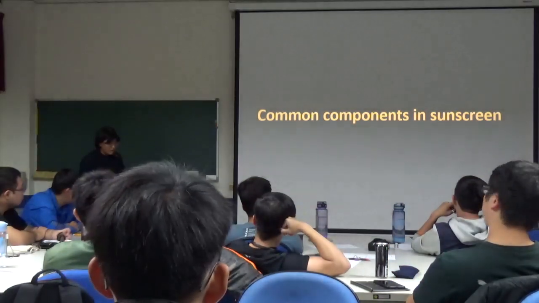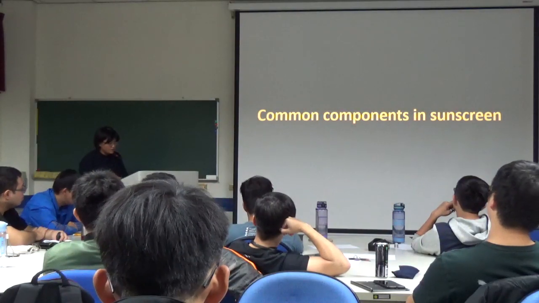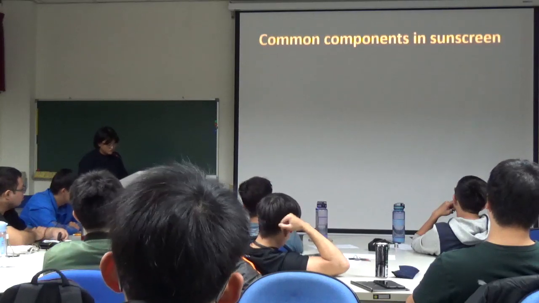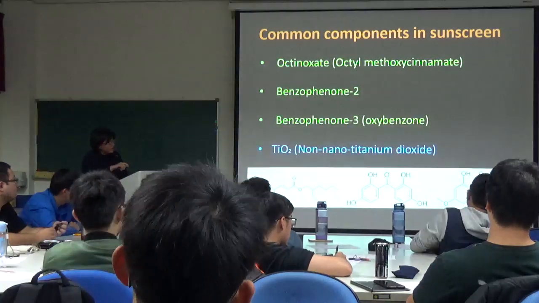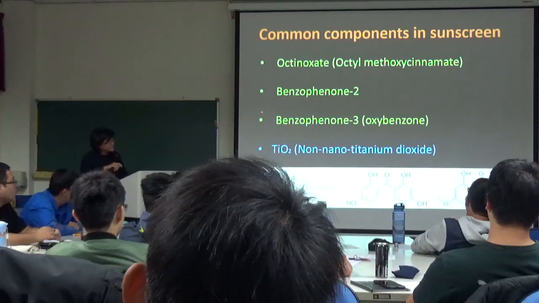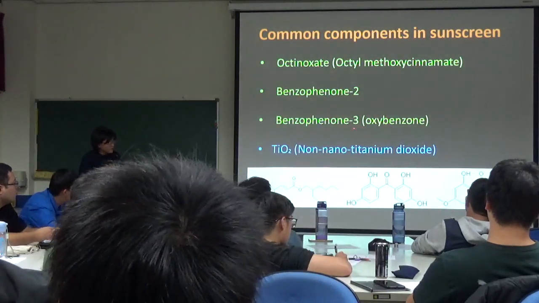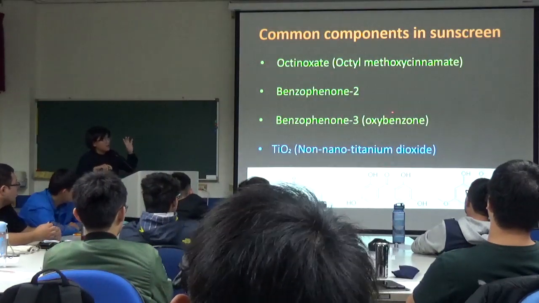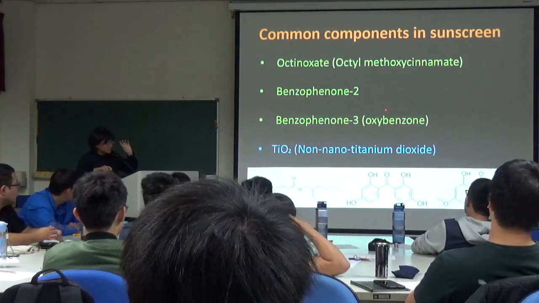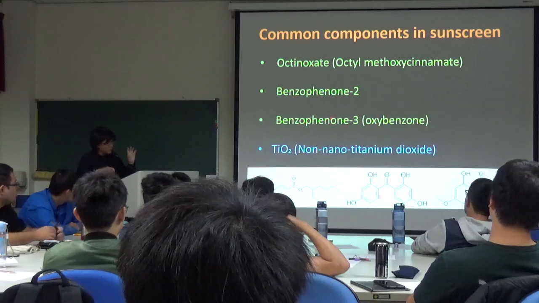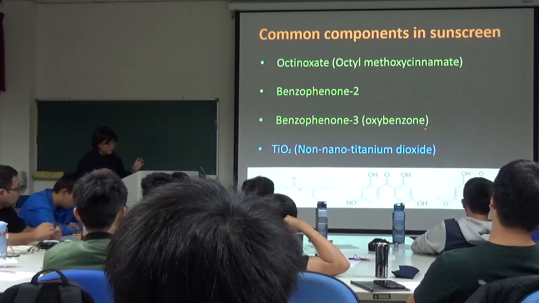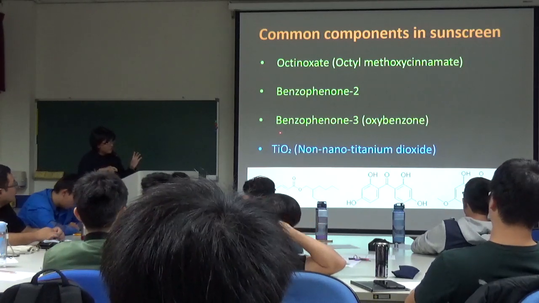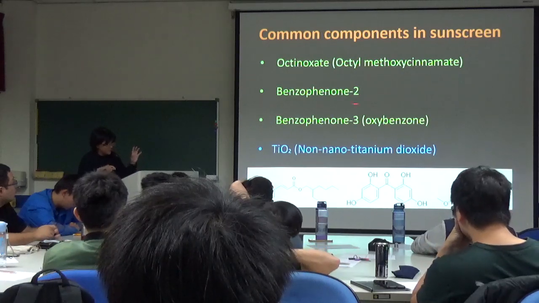And next, I want to introduce common components in sunscreen. There are oxyphenol 6, benzophenone 2, and benzophenone 3. They are the components of chemical sunscreen. And I don't want to say benzophenone 3 because it is difficult to say.